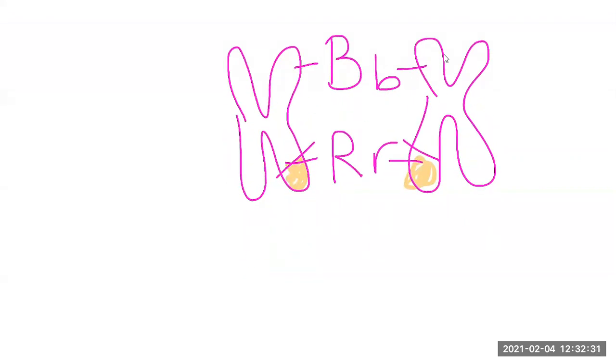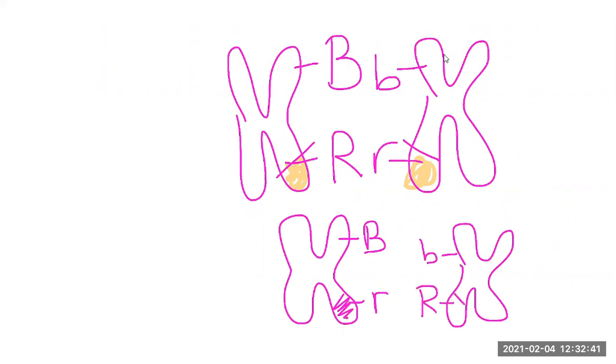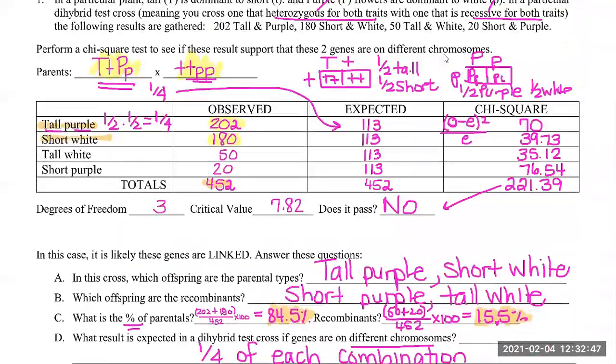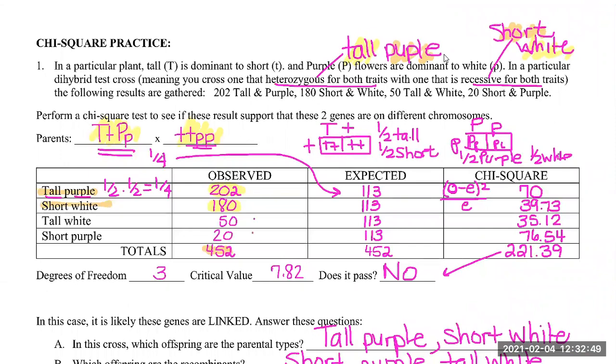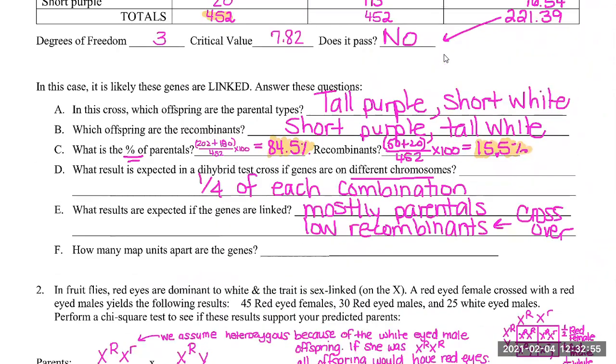And if these switch places, then it would be possible now for this parent to give big B with little r or little b with big R because of crossing over. So that's why we do get some recombinants, but what we see is a very small number in comparison to our parentals.